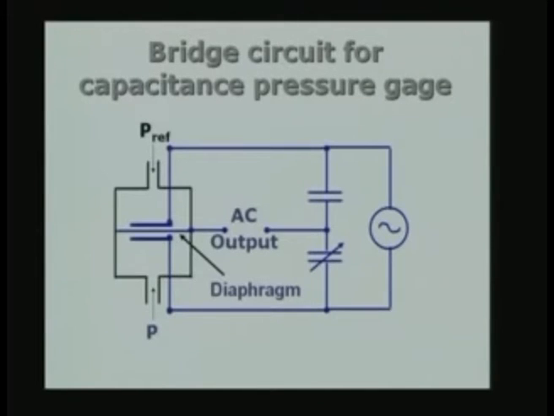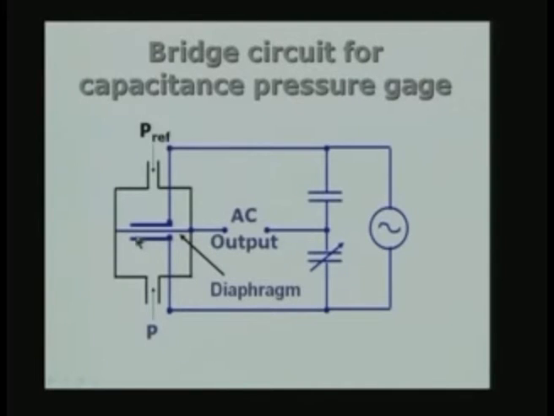So, with this background, let us look at the circuit which we will use for measuring the capacitance change. I have given a schematic of a possible circuit for this case, and towards the left of the diagram, you have a chamber, essentially a chamber in the form of a hollow cylinder, and we have the diaphragm right in the middle.